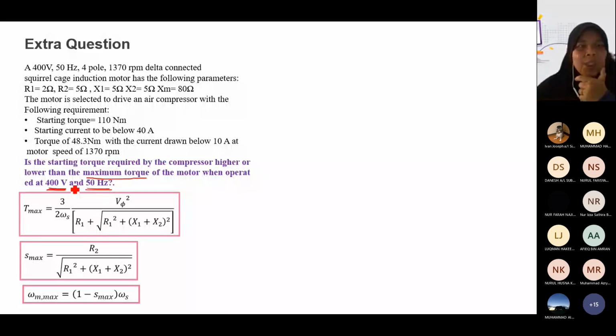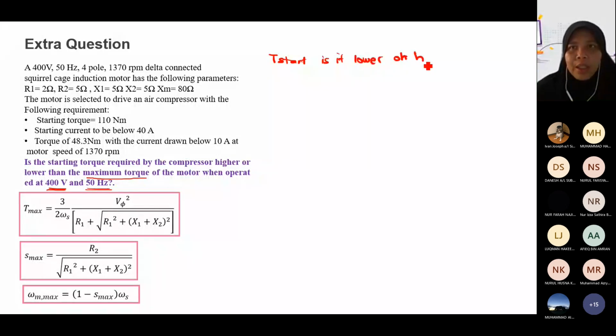So sekarang kita nak tahu pula the value of maximum torque. Is it lower or higher? Yes, kita nak tahu T start ini, is it lower or higher than T max?